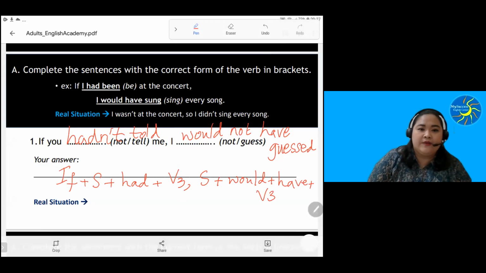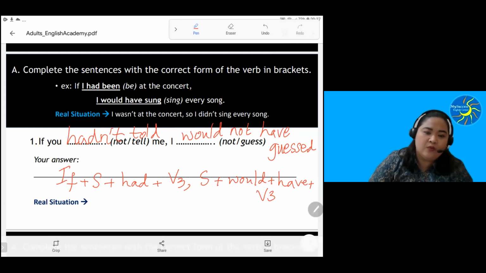Okay? So that is the format of third conditional. Right. Now let's see the third conditional sentence: if you hadn't told me, I would not have guessed the real situation.